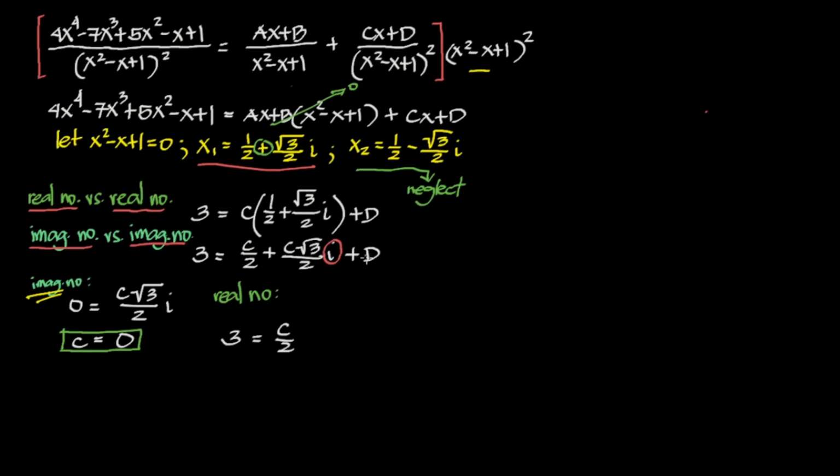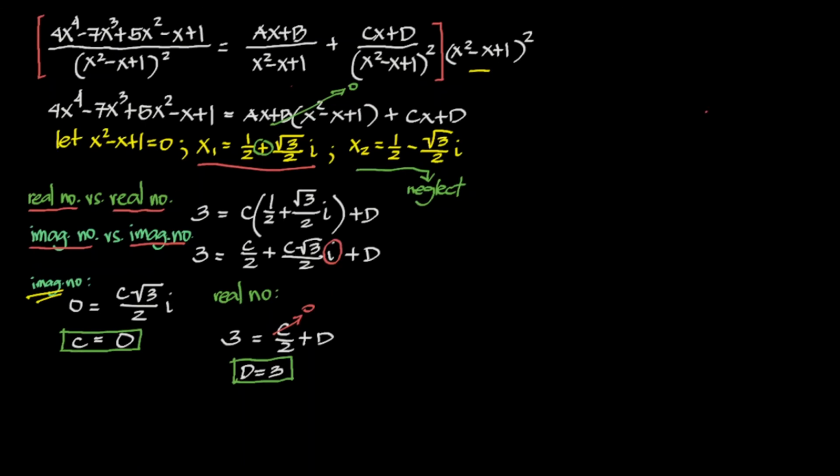Ito, imaginary. So, ito yung real number. So, we have plus d. Then, alam natin yung value ni c is 0. So, therefore, ang value ni d is equal to 3. Ayan. So, we now have the value of c and letter d.